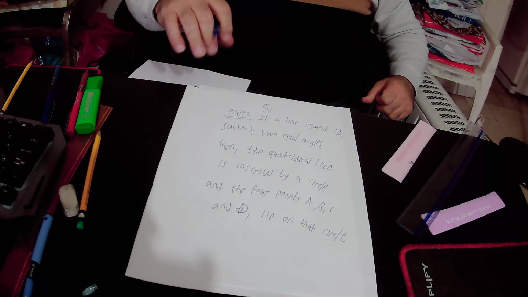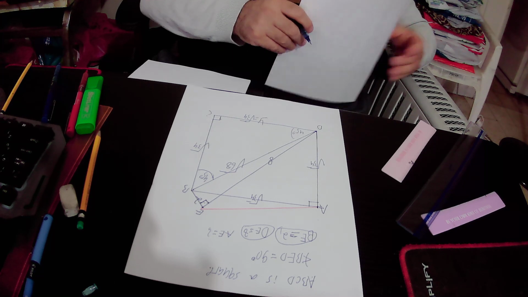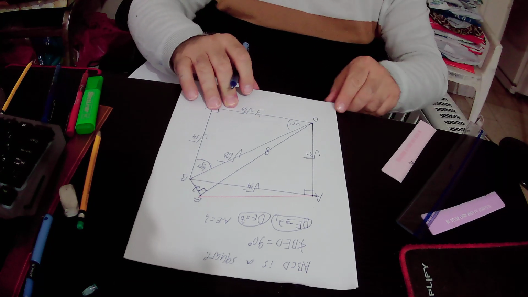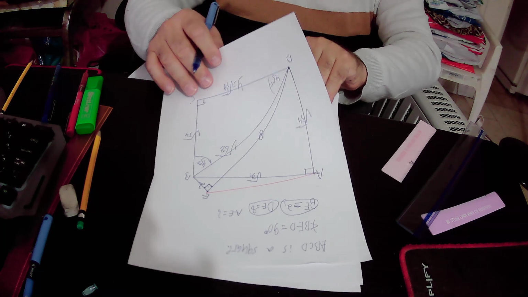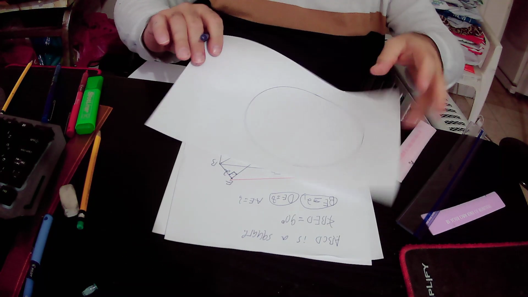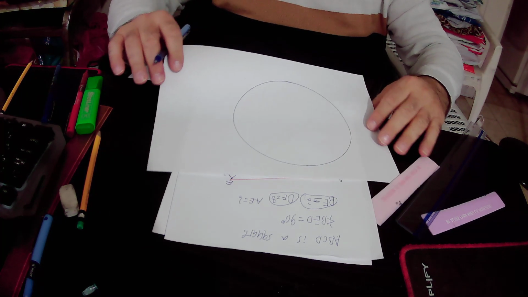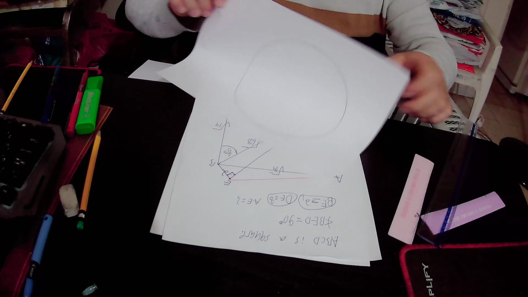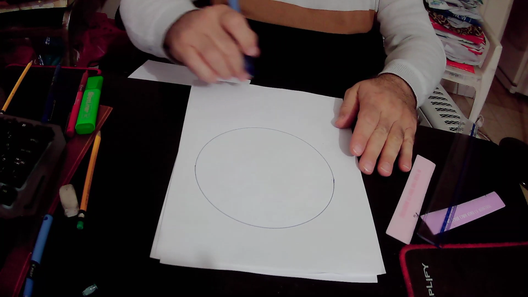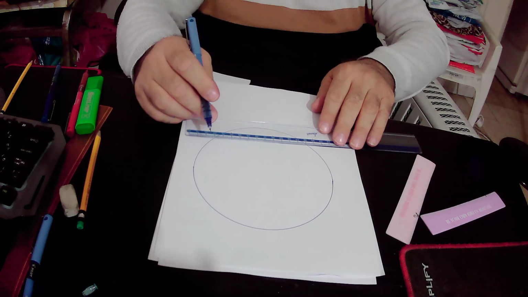So, what is the meaning of rule number 2? The meaning is that if we have line segment AB, suppose that we have only line segment AB without this circle.